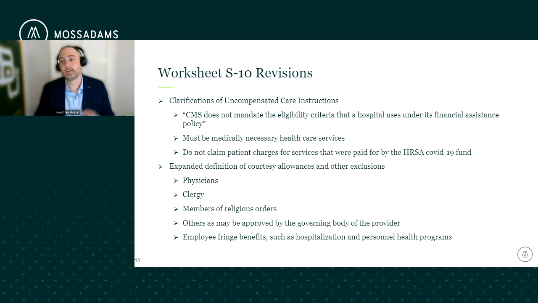A lot of times that's just because they're mapped a certain way or identified as some type of charity or discount. CMS is just making sure that only medically necessary services are included. So that's something to keep in mind as you fill out your S10 this year.